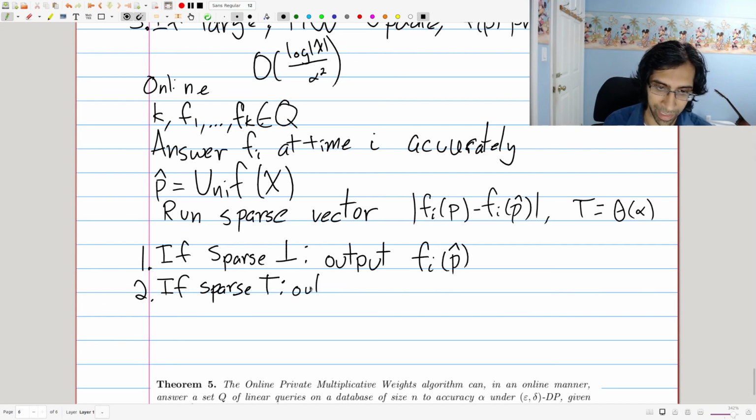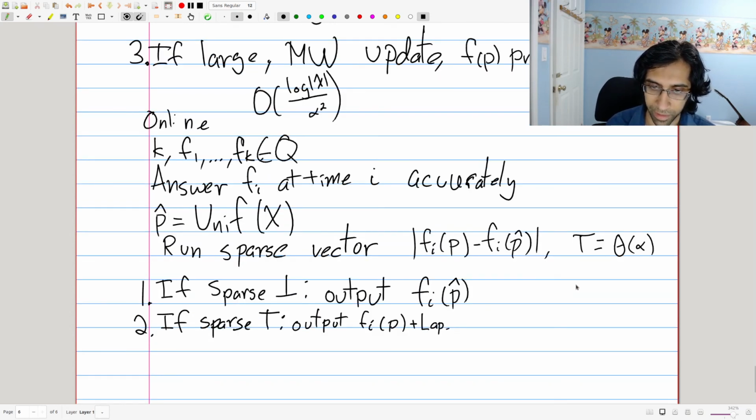So what we can do is actually use the numeric sparse technique in the sense that we're just going to output f_i on p plus some Laplace noise. You can work out what the exact value is. I don't want to try to put in the constant so that it's right or not. So we're going to output, say, the true query value plus Laplace noise to privatize it.